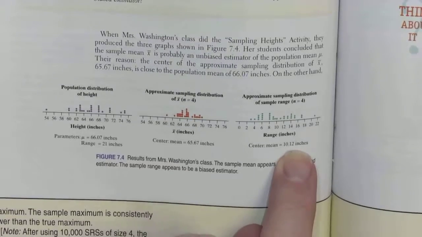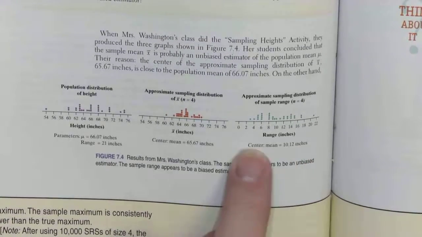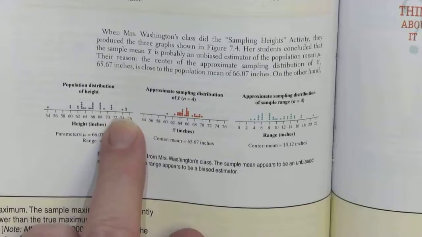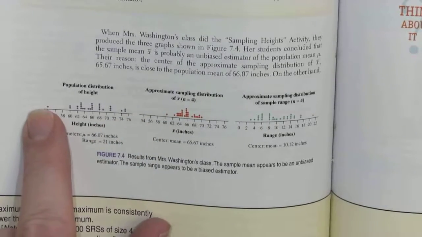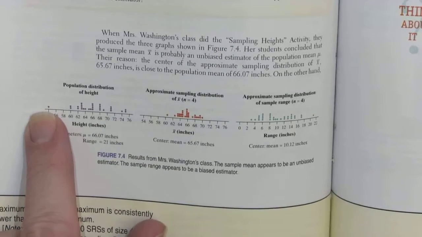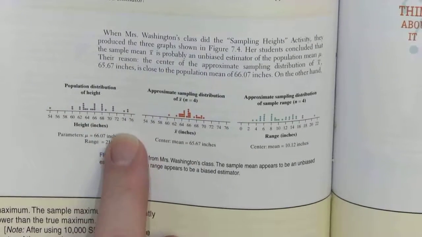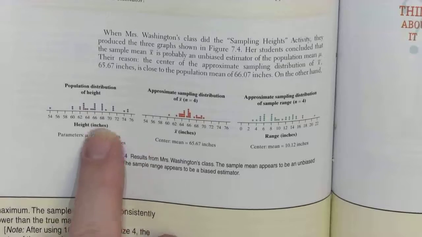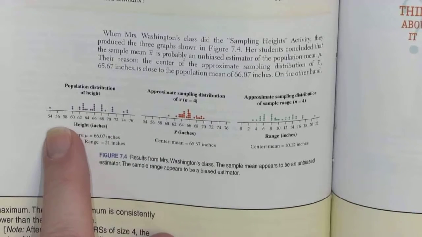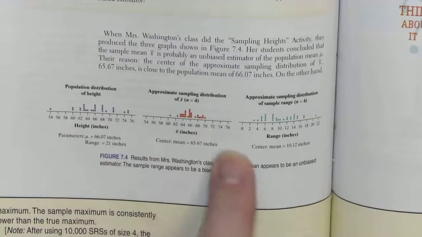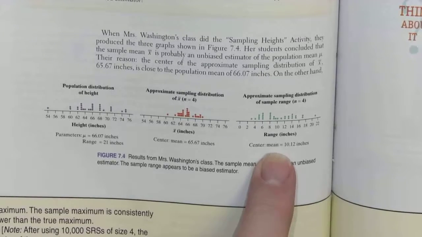But what is the actual range? It would be the highest minus the lowest, and it tells us on the next page that it is 75 minus 54, which is 21 inches. So is the mean range very close to or similar to 21 inches? Not really. No, it's not.